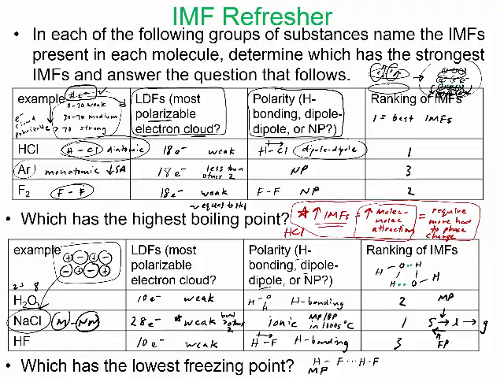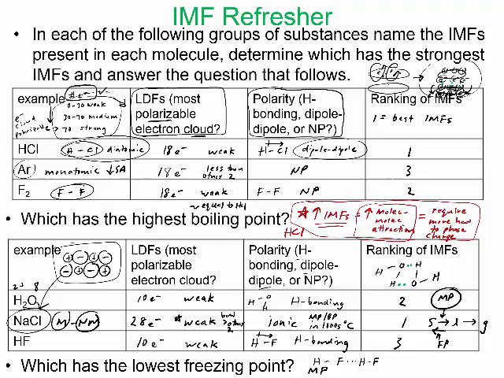It's just easier to wrap your brain around melting point because I always think of things in terms of heat being added. So the lowest melting point would actually have the worst IMFs. So it should be HF.